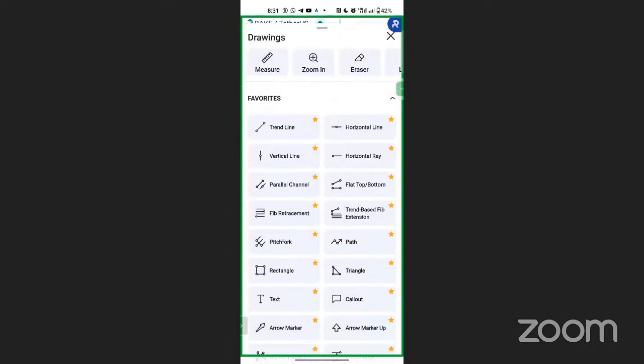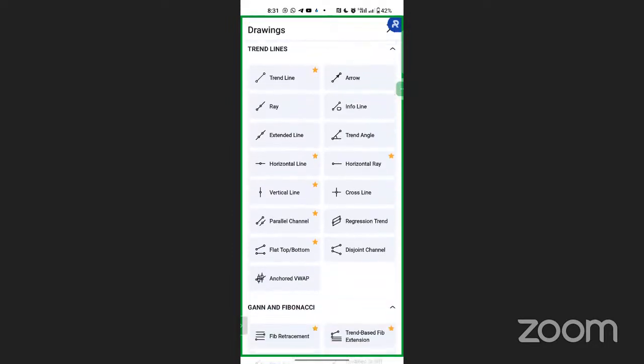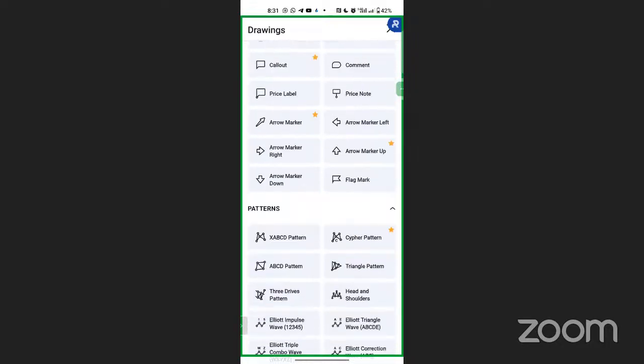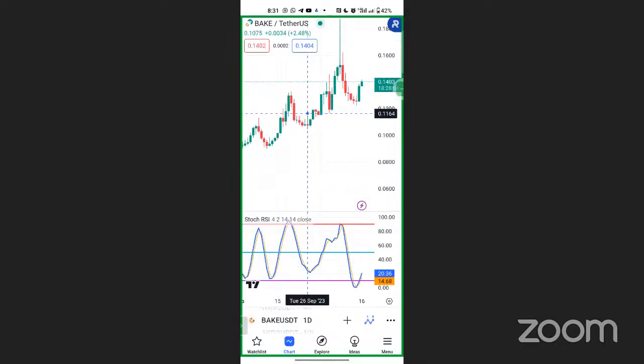Okay, let me come again. We are going to use the fib tool tomorrow to construct the Elliott wave. So if this is the bottom, the support, from support we construct 1, resistance we bring 2, then it's up to you, maybe your 3 is here.